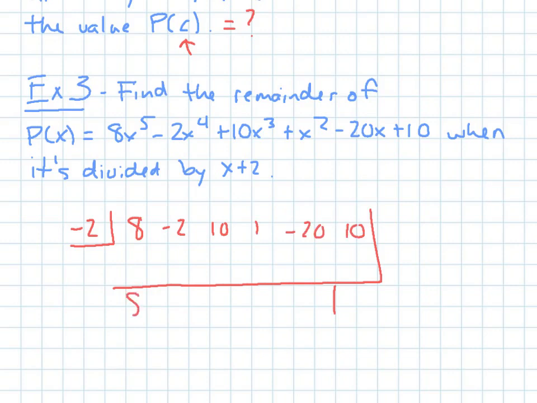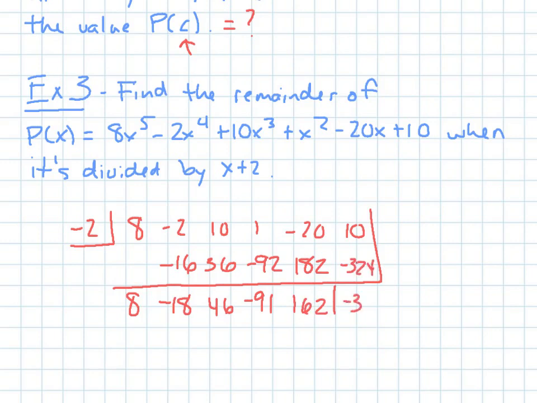Okay, so then I add down, multiply gets me -16, add down it gets me -18. Multiply gets me 36, add down gets me 46. 46 times -2 is -92, add down is -91, multiply gets me 182, and add down gets me 162, and multiply 162 times -2 would be -324, and then add down, so it's -314.